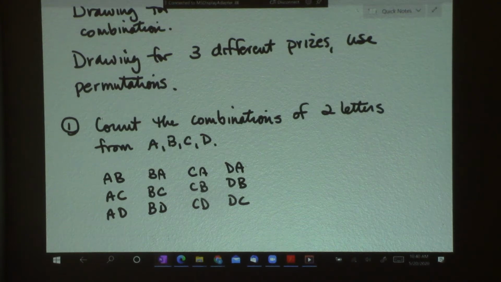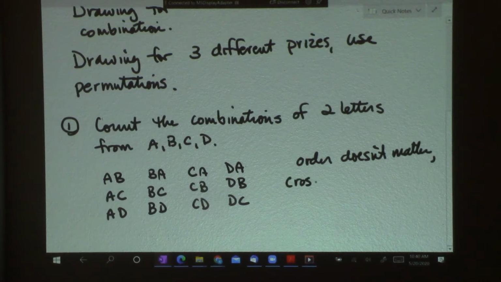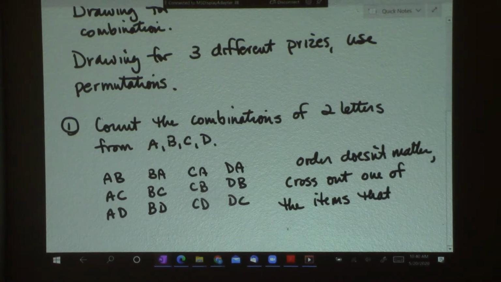The problem is that order doesn't matter. So I can cross out one of the items that repeats. All right, so here, like I have AB.